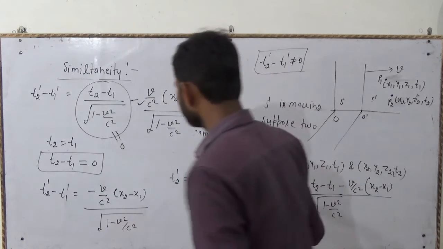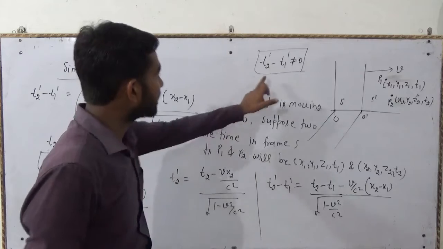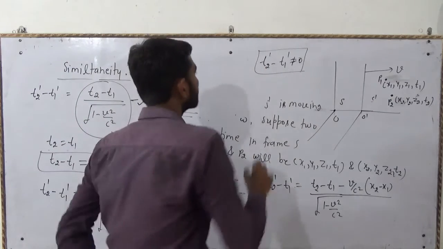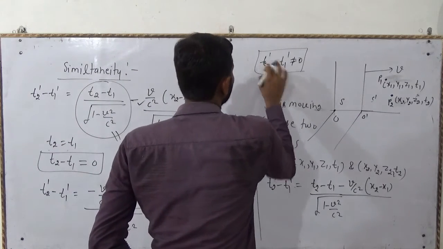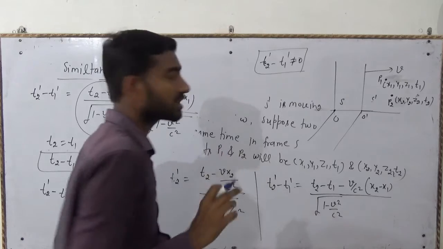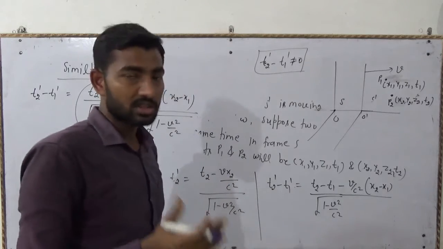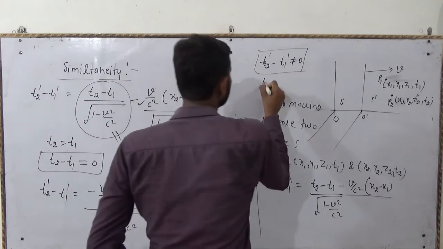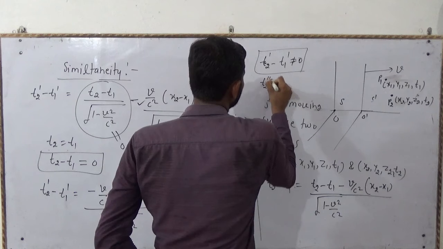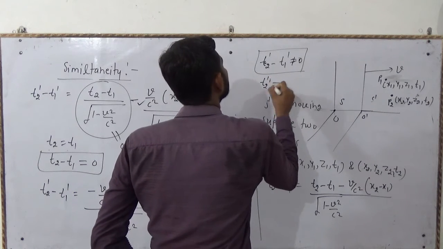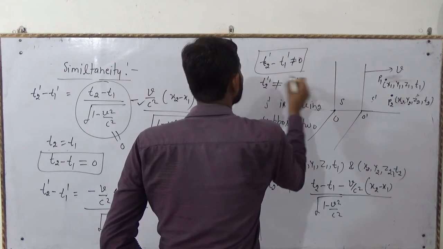But here we have found T2 dash minus T1 dash is not equal to 0. That means we can very easily say T2 dash is not equal to T1 dash.